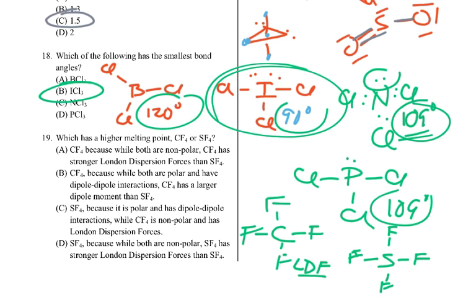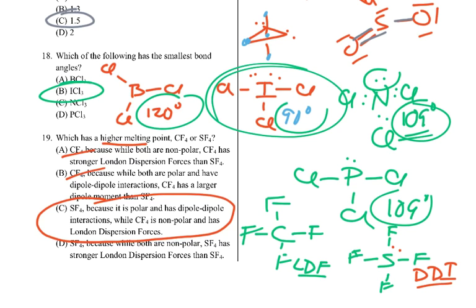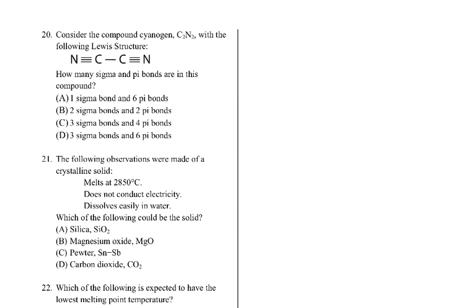But we also have a lone pair on there, so that's going to make it a little bit off-center, and it's going to have DDI as our intermolecular forces. So that's going to be a little bit stronger. So which has a higher melting point, CF4 or SF4? SF4, because it is polar, it has dipole-dipole interactions, while CF4 is nonpolar and has London. That's exactly the answer.